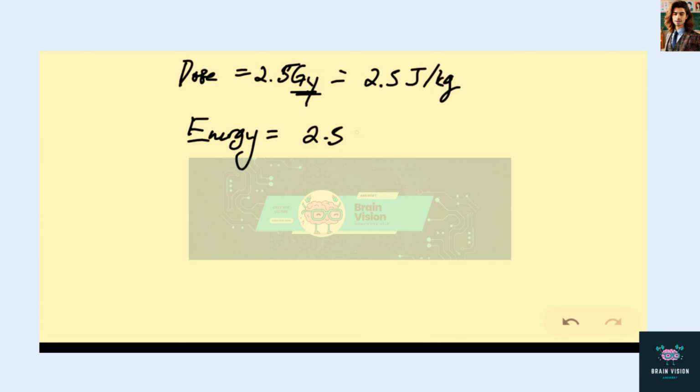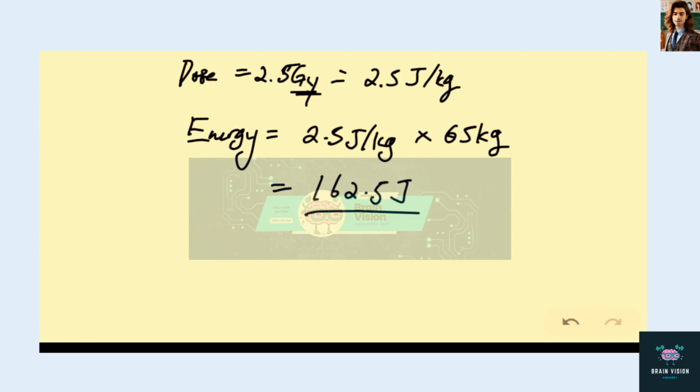So 2.5 joules per kg multiplied by 65 kg, and we get 162.5 joules, which is approximately 160 joules.